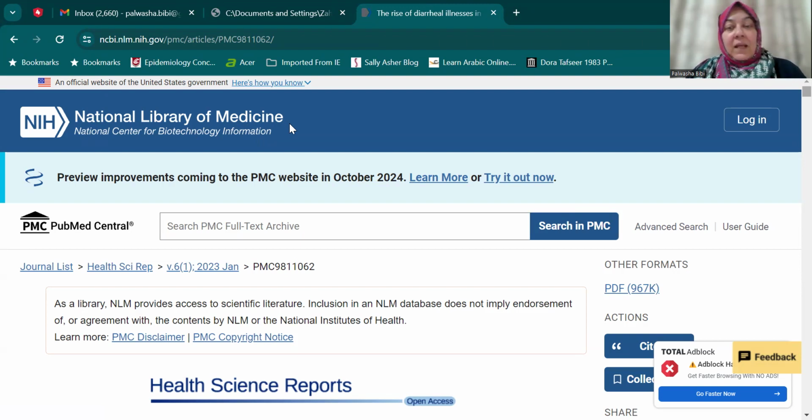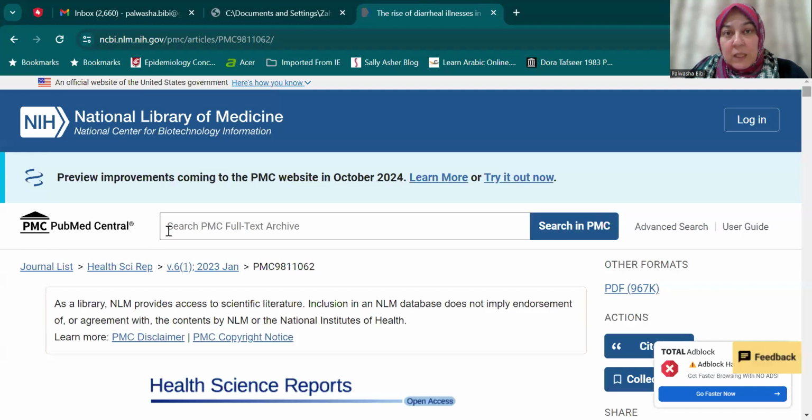What we say is that this is PubMed index. Remember, your teachers also say you have to publish in PubMed index. That is this PubMed. PubMed is the public medical library.